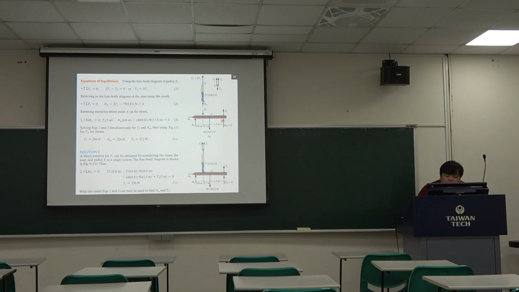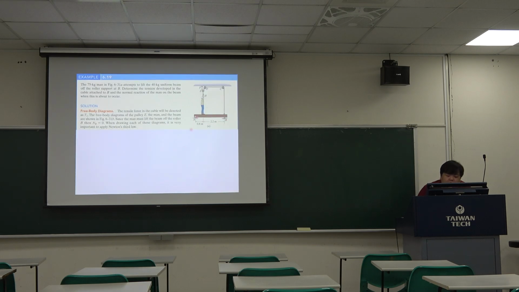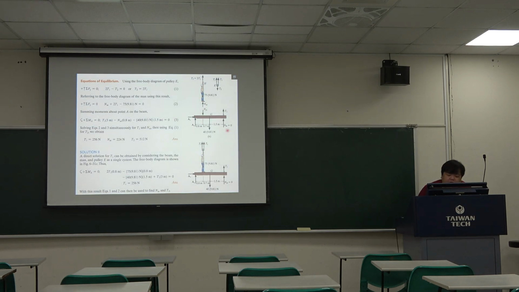Okay, then the MB will equal 0 because you can see the man pulls this cable, then the pulley system will lift this part upward. So I think the support is not connected with the beam when the man pulls this cable. Okay, so the MB is equal to 0.